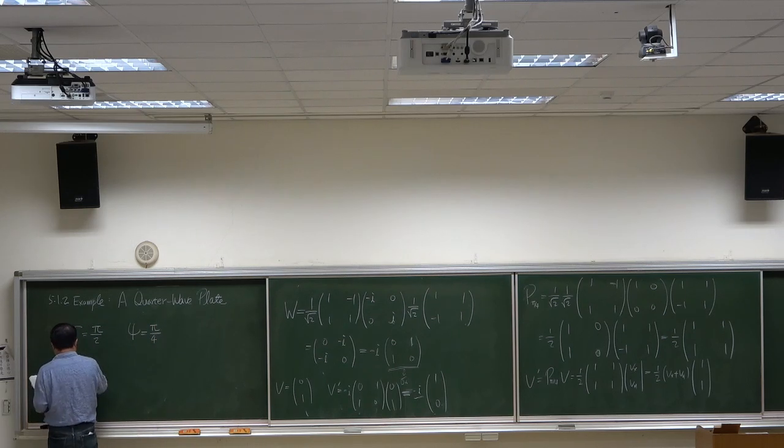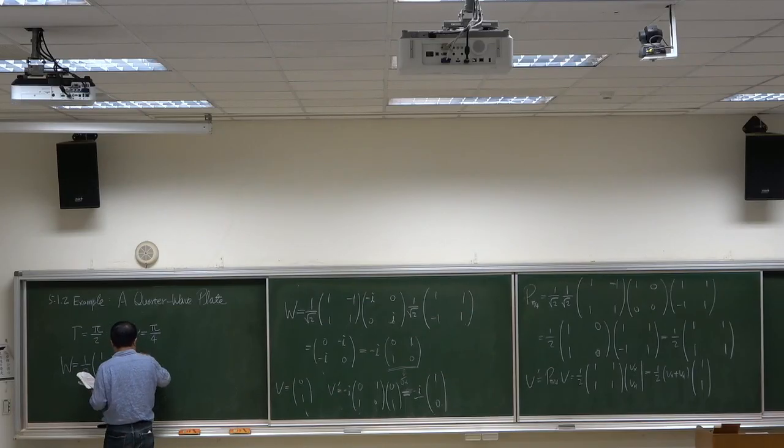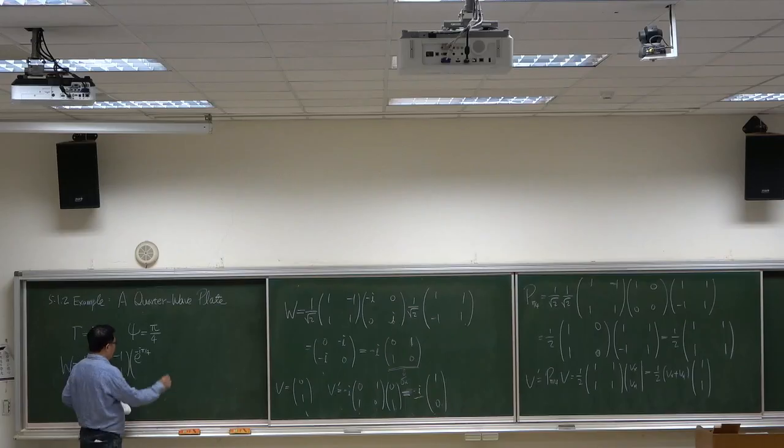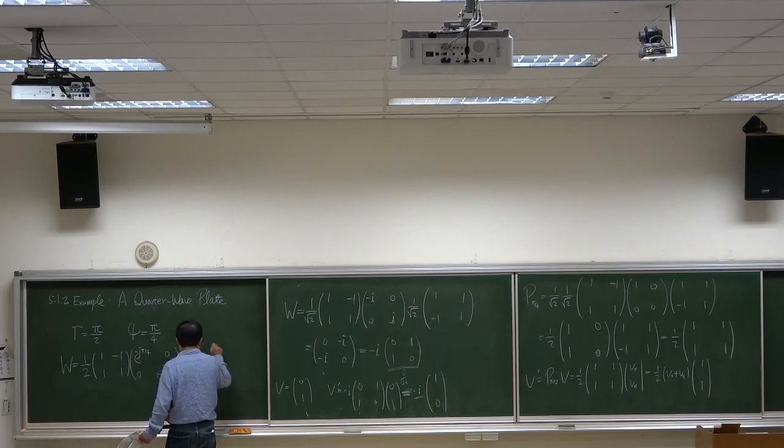So now we have W equal to 1/2, 1 minus 1, 1, 1, and exponential minus i 1/4 pi, 0, 0, exponential i 1/4 pi, 1, 1, minus 1, 1. Okay.